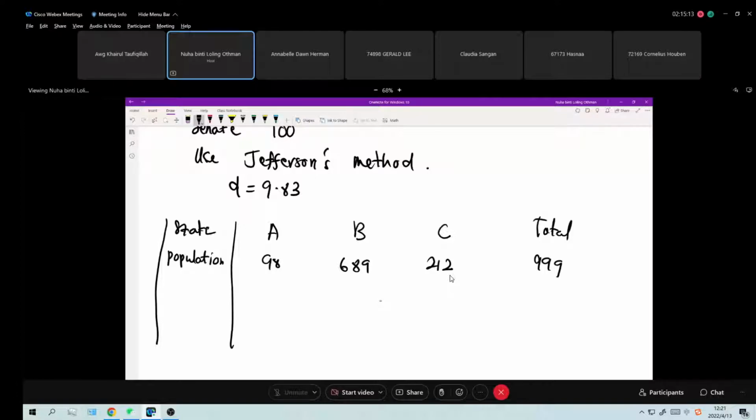And you know that the standard quota is 9.8110, 68.969, 21.221.